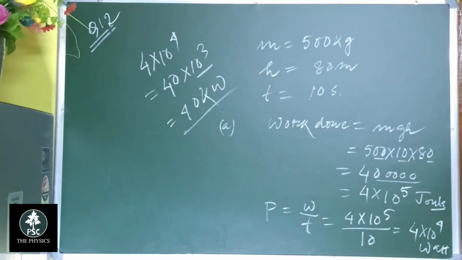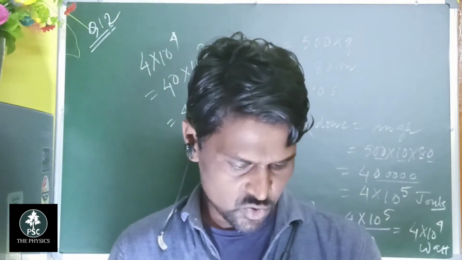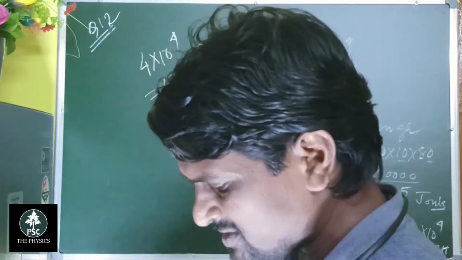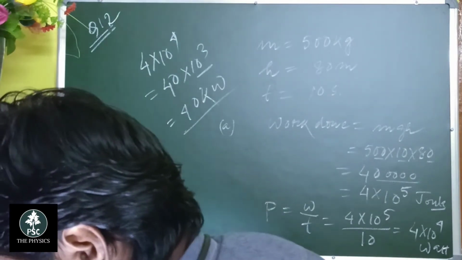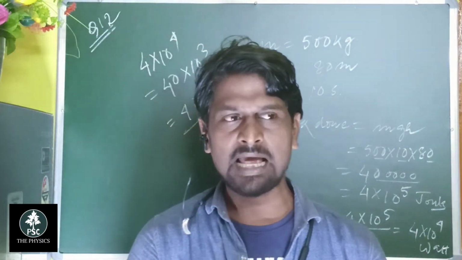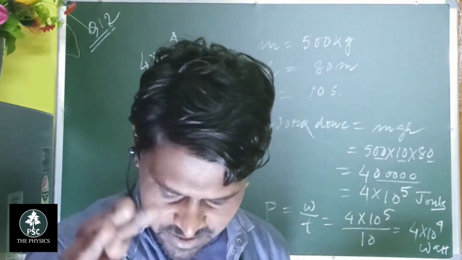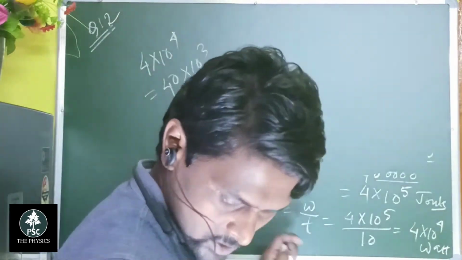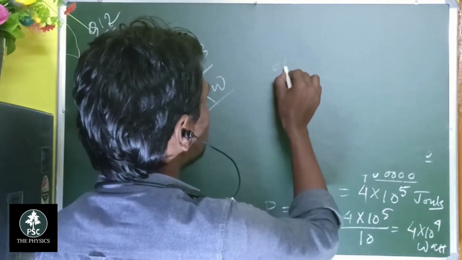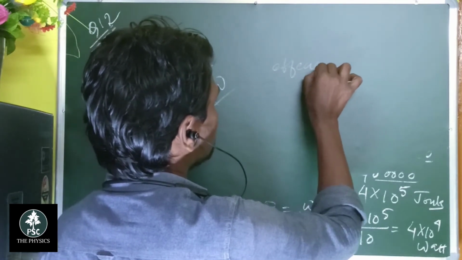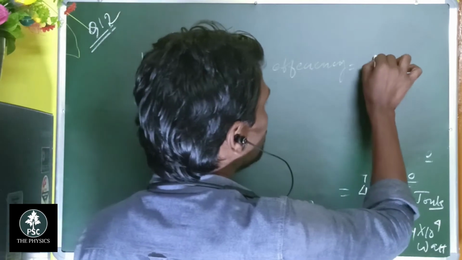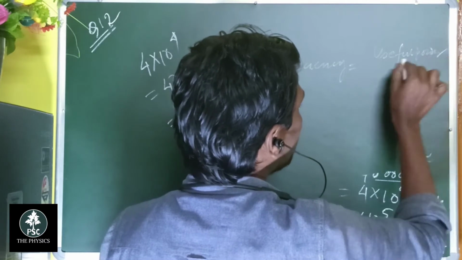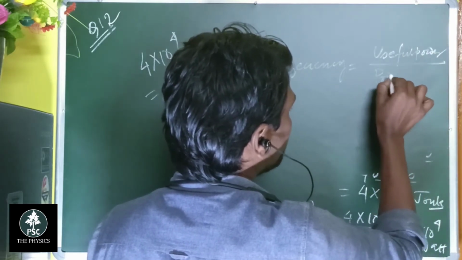Okay, so that is the power at which the pump works, and the last part is the power rating of the pump if its efficiency is given. Students, you have to know about efficiency and power rating. What is the difference between the efficiency and the power rating of a pump? Efficiency is equal to useful power by power input.